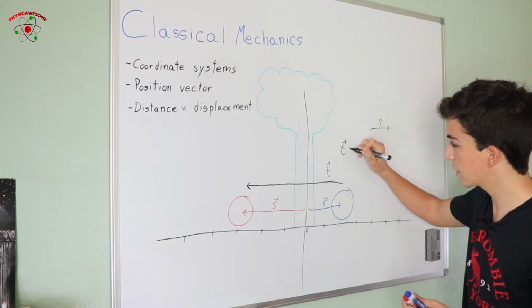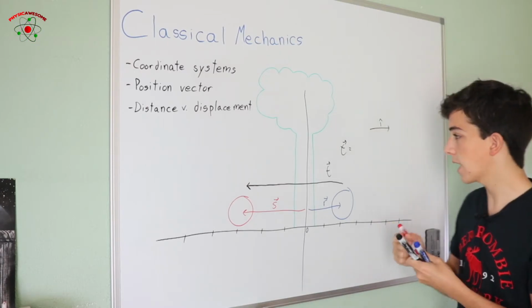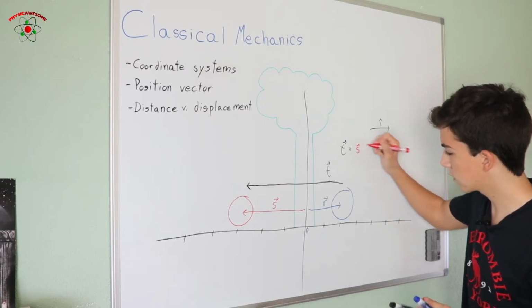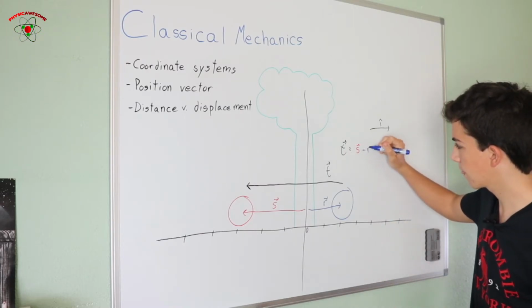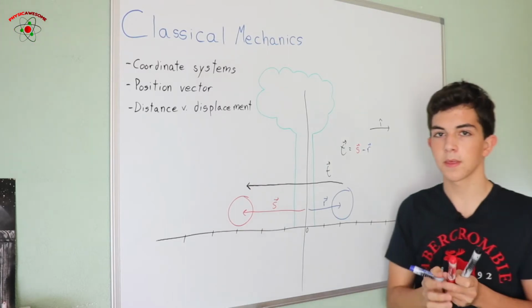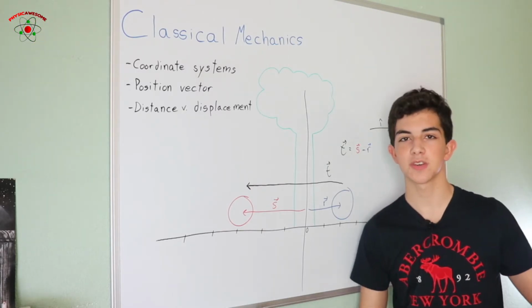T will be equal to S minus R. And that's why we use position vectors.